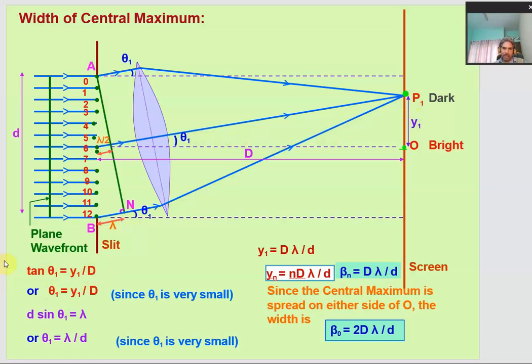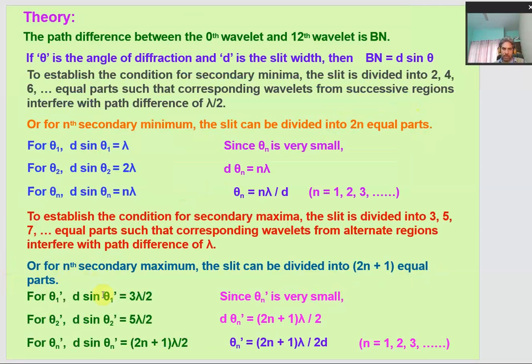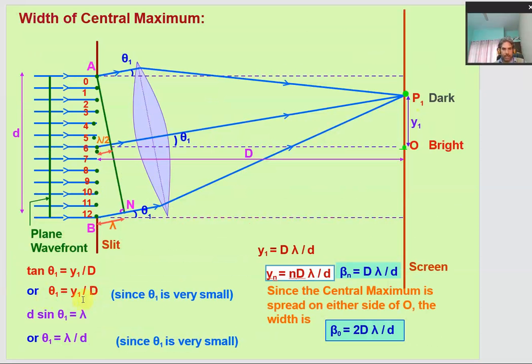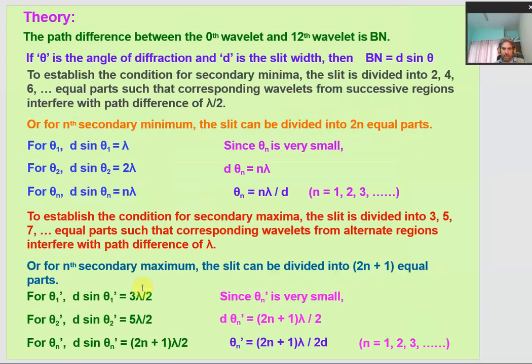So it is theta 1 dash here, theta 2 dash here, and similarly theta n dash here. So here we take dash for the angular positions of the bright fringes. And from this expression we can get any value of theta n dash, that is for the first bright fringe, or the second bright fringe, or any other bright fringe.